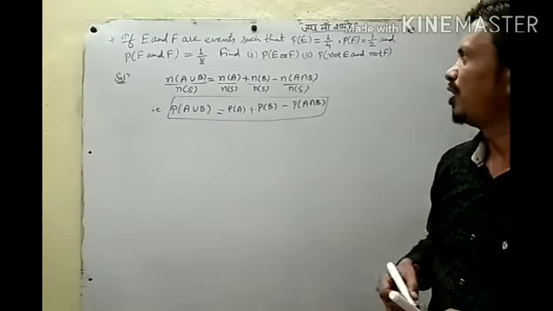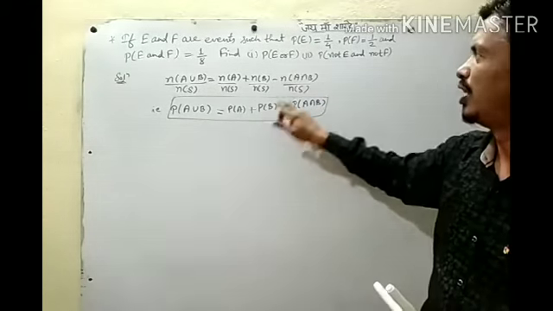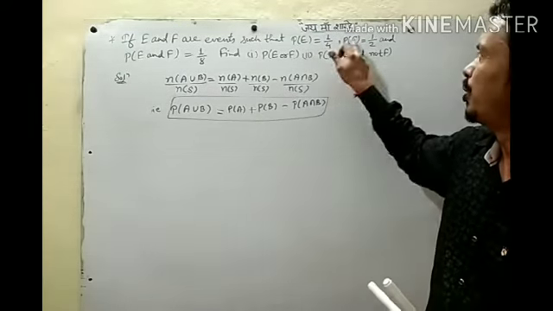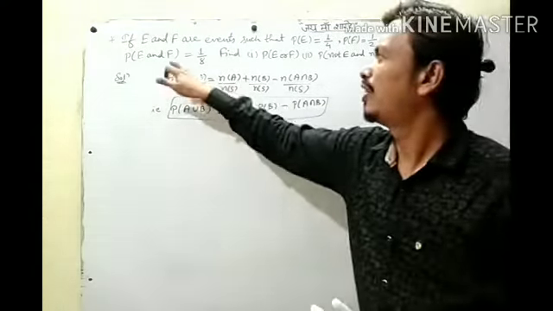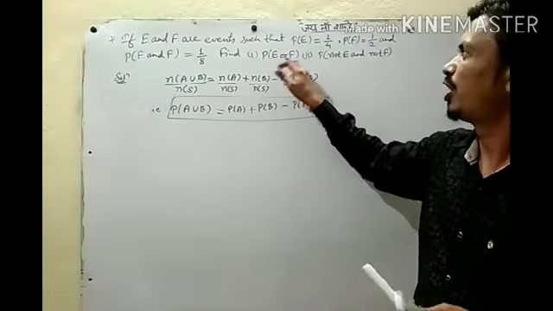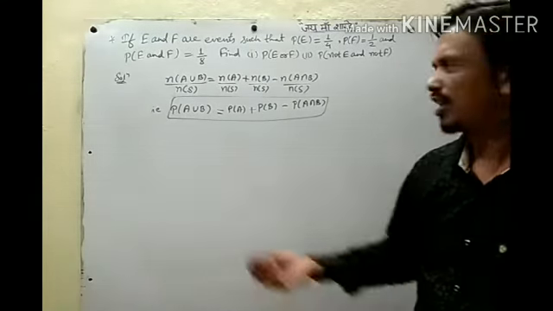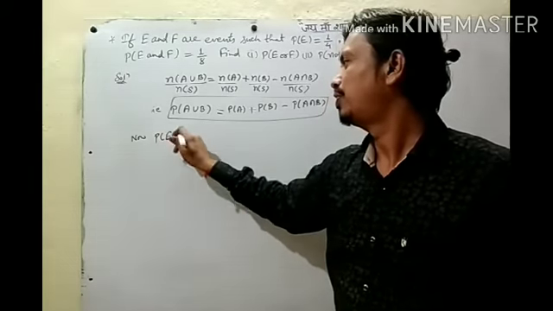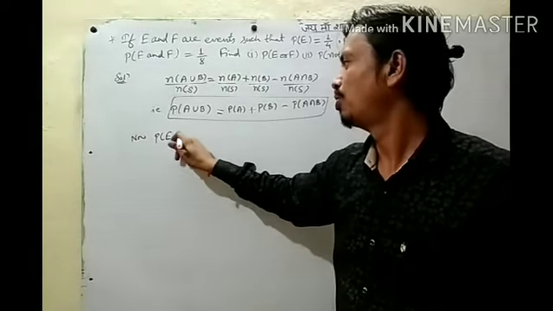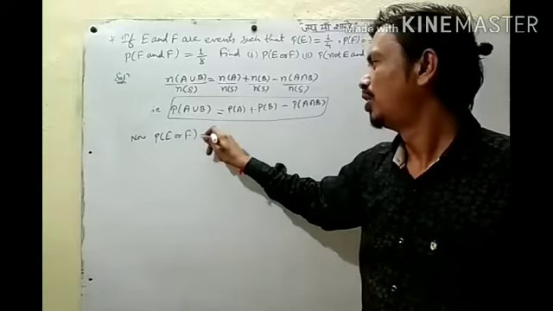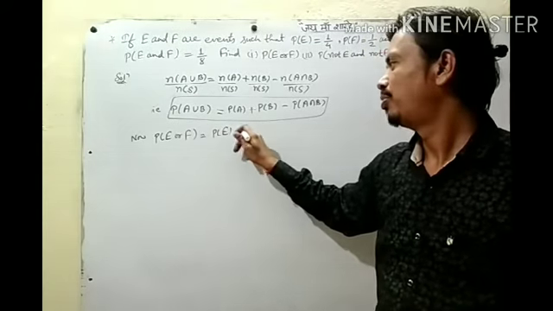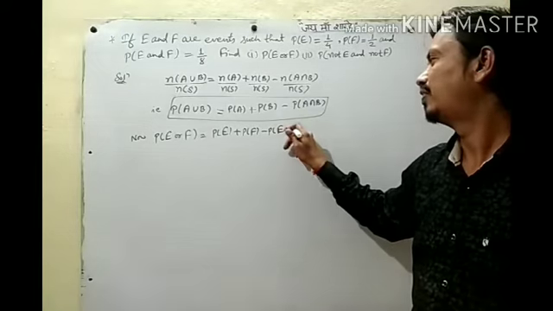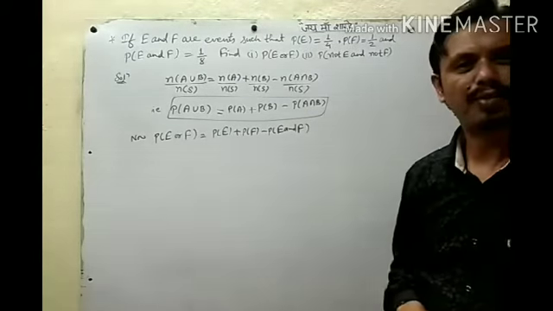Okay? Now what do we have? P of E, instead of A we can use E, instead of B we can take F. So P of E we have, P of F we have, P of E and F we have, so P of E or F we can find. Okay? Let's see, so now P of E or F, union, no problem. P of E plus P of F minus P of E and F. We can write.